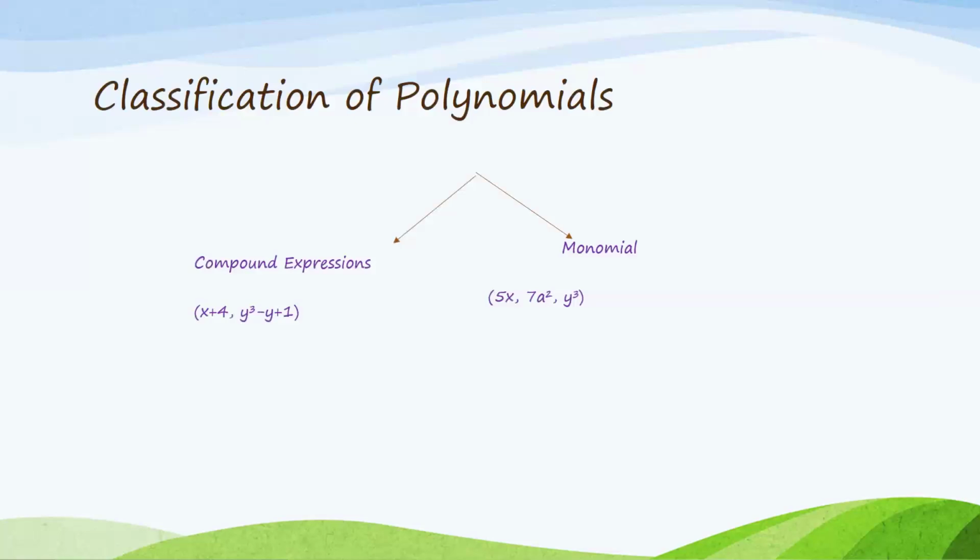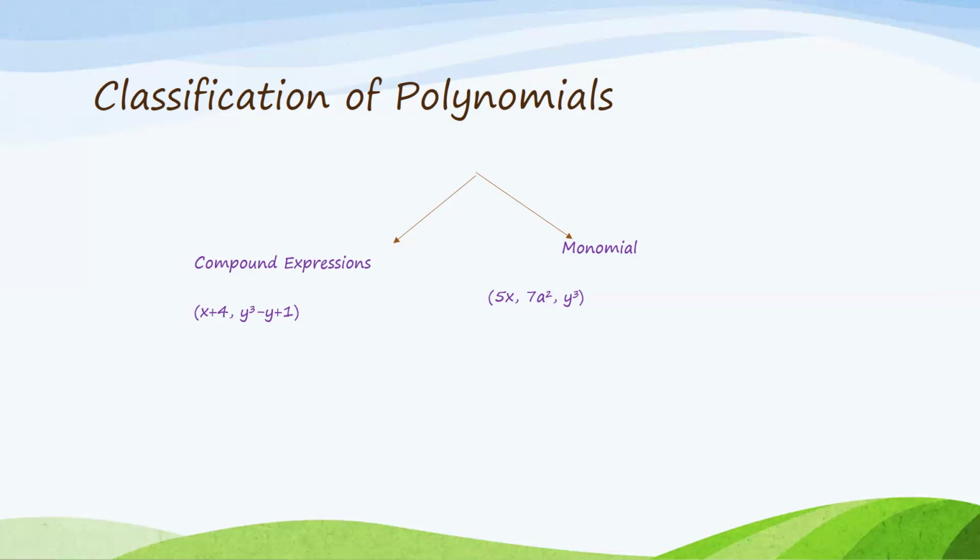And compound expressions are those which contain either two terms or more than two terms. So these are called compound expressions, right? If a single term is there, we will say it's monomial. If more than one term is there, we will say it's a compound expression.